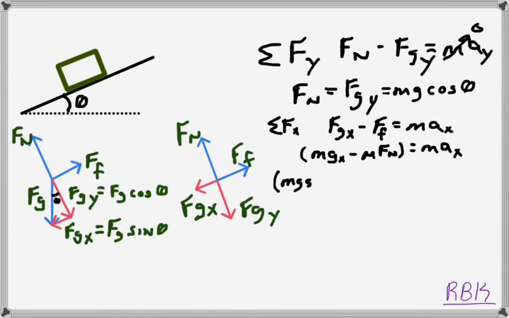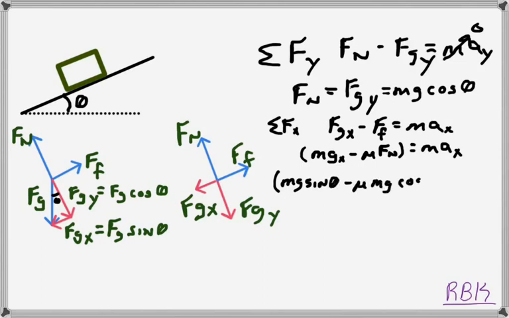So when we look in the x direction, we have force gravity x minus force friction equals m a x. So we have force gravity x minus coefficient of friction times force normal equals m a x.